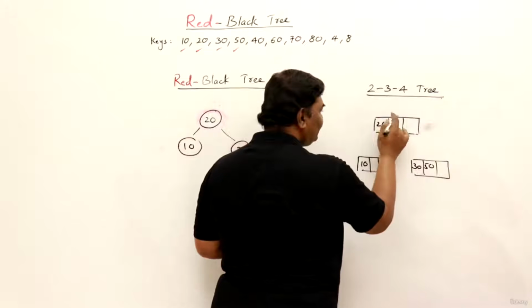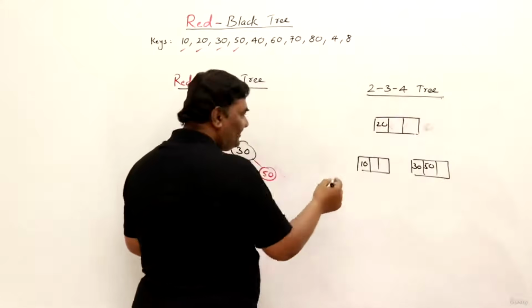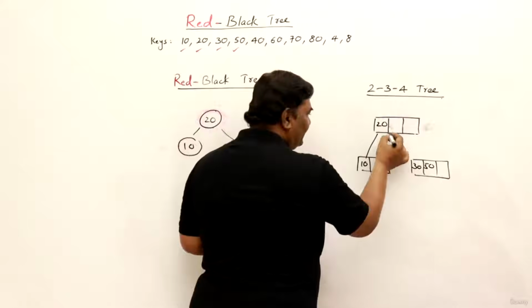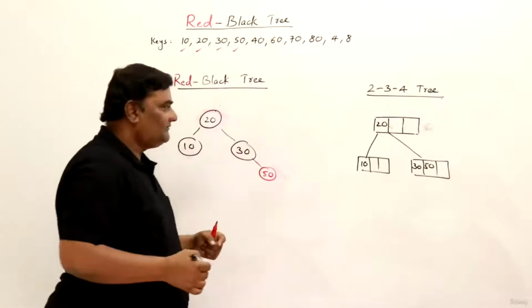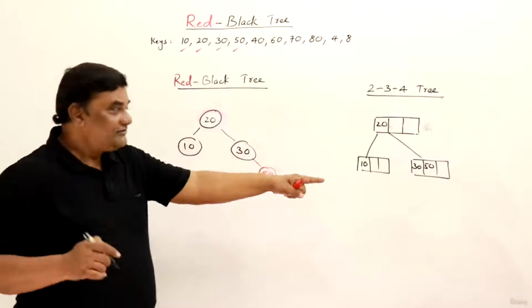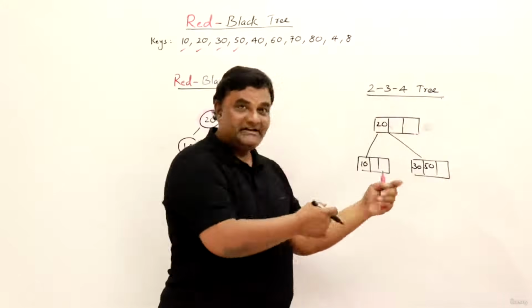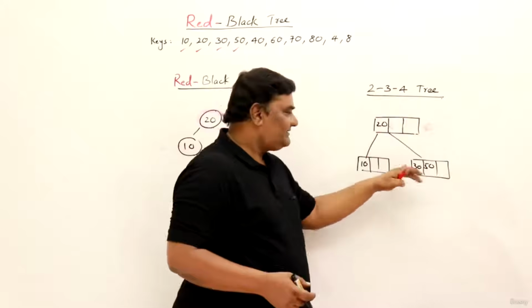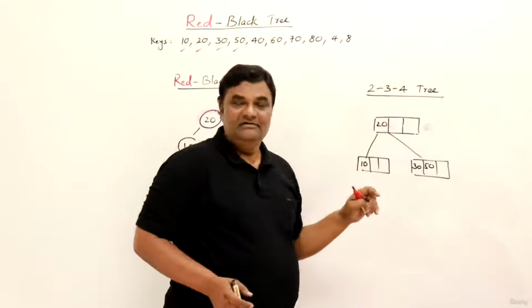If you know about this insertion in a 2 3 4 tree, it's better. Already I told you that if you have not seen it, just go and watch it. So splitting is done. There was no space for 50, so we have split. 1 node this side, 2 node that side, and this 20 goes up.